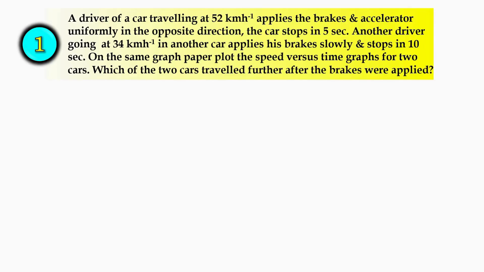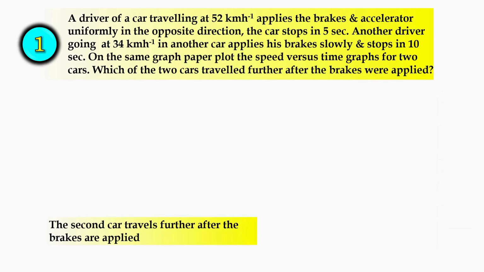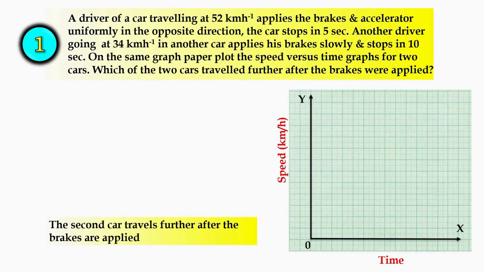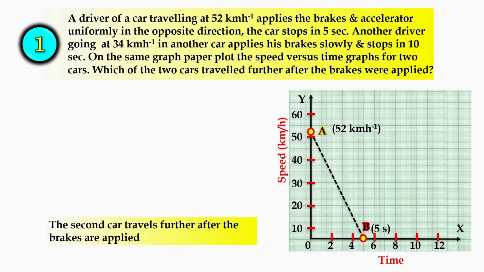Remember an important concept. The area under a speed-time graph represents the distance traveled. For the first car, the graph forms a triangle between the initial speed and the time of 5 seconds. So, the distance traveled equals half multiplied by speed multiplied by time.